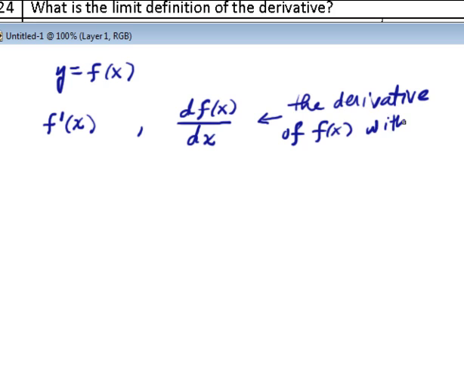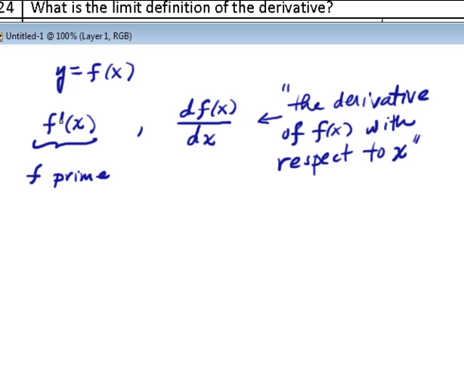And we could also read f prime of x the same way, the derivative of f of x with respect to x, but sometimes we just say f prime of x. It means the same thing. This little straight line over here we call prime. So f prime is a short way of writing the derivative.